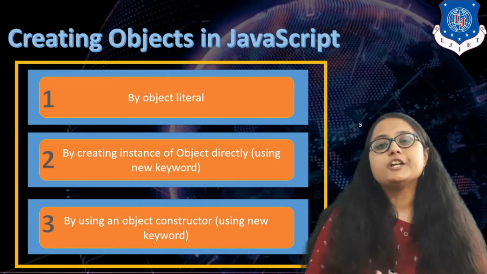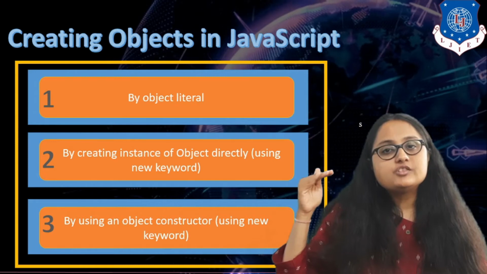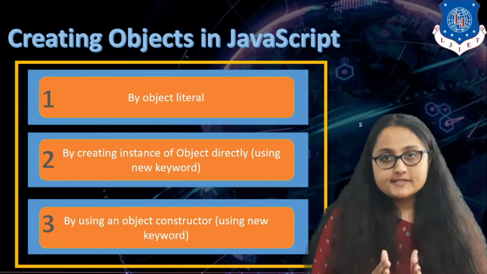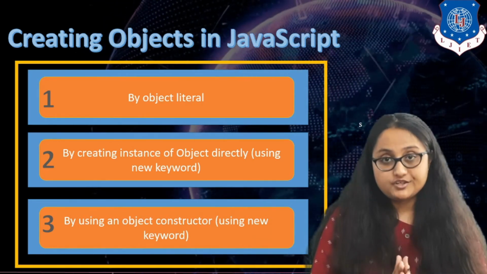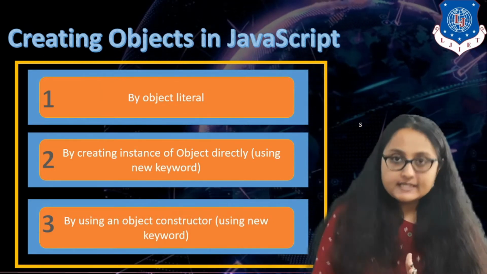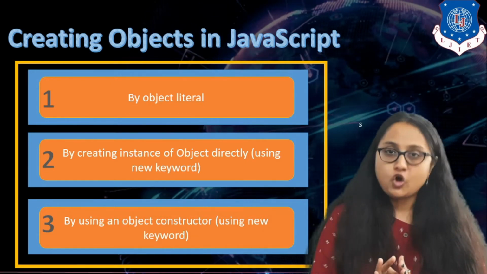This also you can do using the new keyword. So we will see all three of these methods in detail now. But you need to understand that after creating an object in JavaScript, you can do two things with that object. You can add properties related to that object or you can add methods related to that object, right?